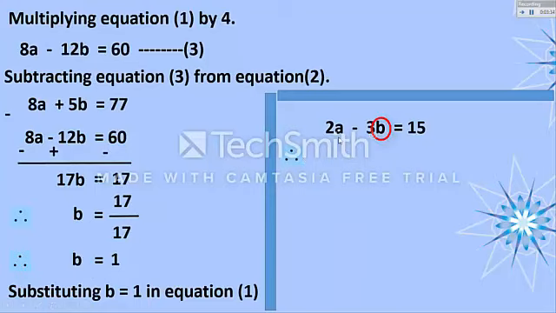Therefore, 2a minus 3 into 1 is equal to 15. 3 times 1 is 3.